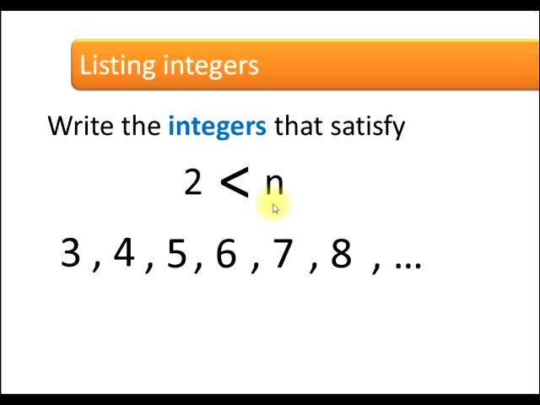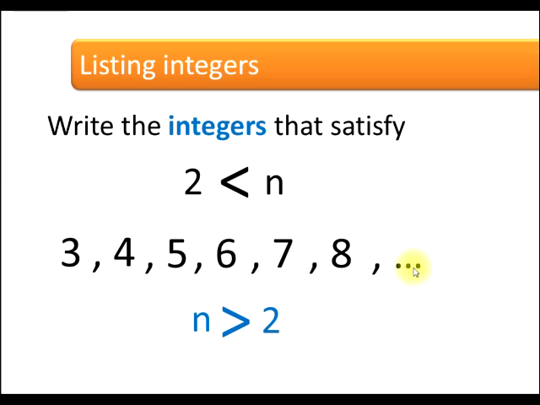And if you don't like the way this looks, if you swap the sides over, you must swap the inequality too. So n moved to the left and the 2's on the right, so we swap the direction of the sign. And if you look, these numbers are bigger than 2, so it works.